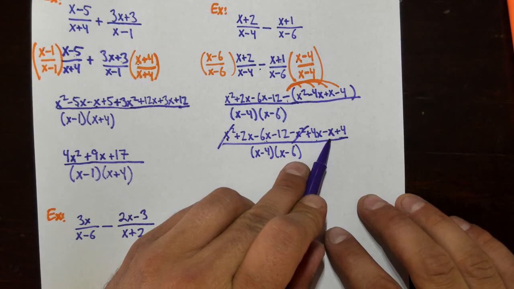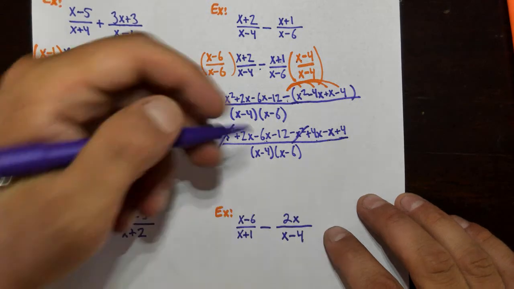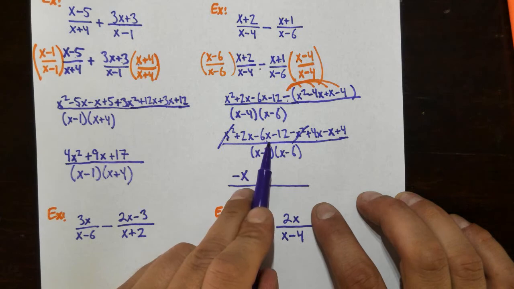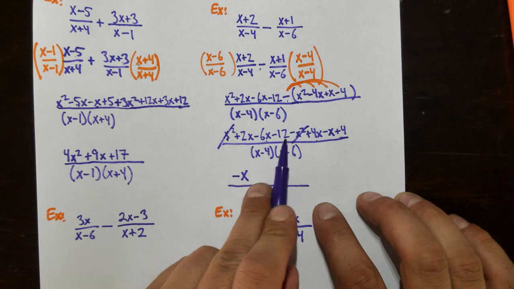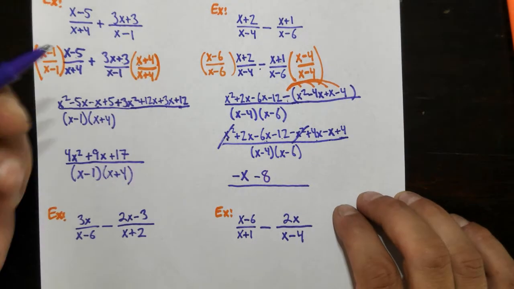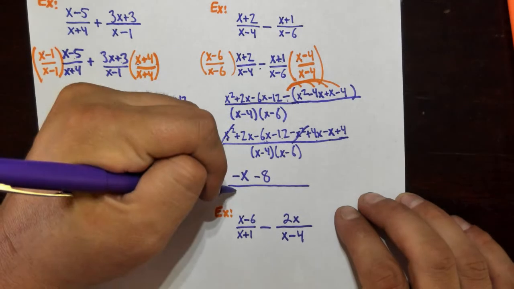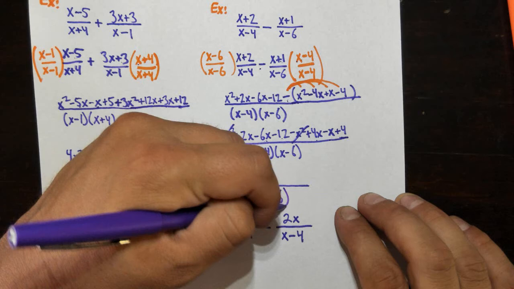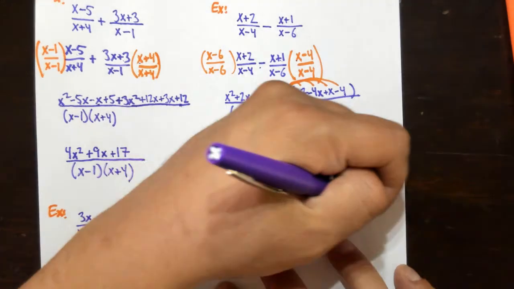Minus x is negative x. So we have negative x. And then let's see, we're going to have negative 12 plus 4 is minus 8. So we have negative x minus 8 over x minus 4, x minus 6. So that's the subtraction.